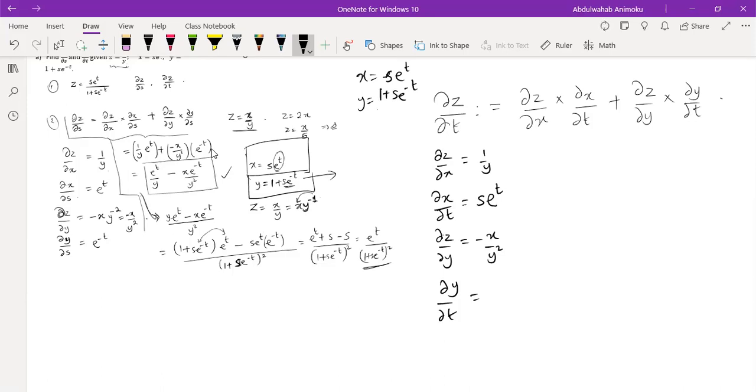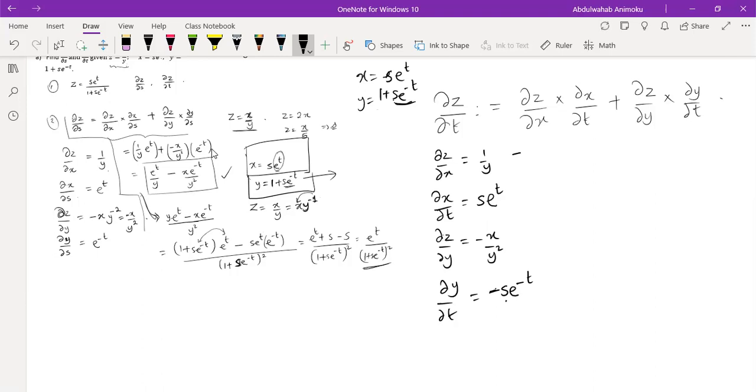Now, the derivative of 1 is 0. Now, the derivative of this one with respect to t would be minus s e raised to power minus t. How did I get this? S is constant, so we have it here. The derivative of e raised to power minus t is going to still be the same thing, e raised to power minus t, multiplied by the derivative of the inside, minus t, which is minus 1. That is how I got minus s e raised to power minus t.